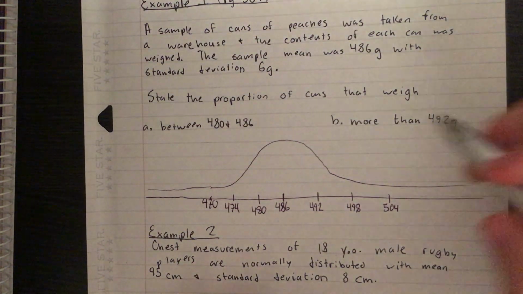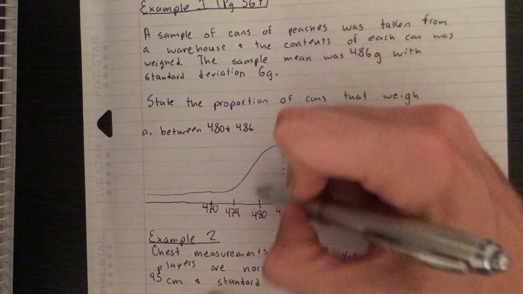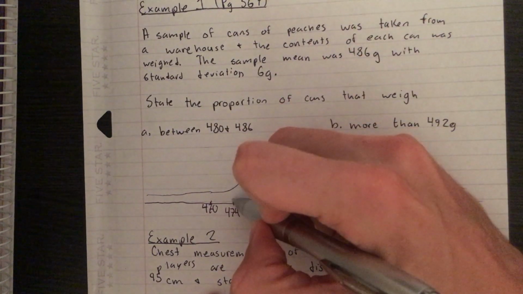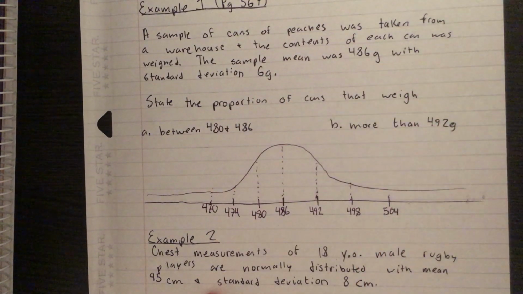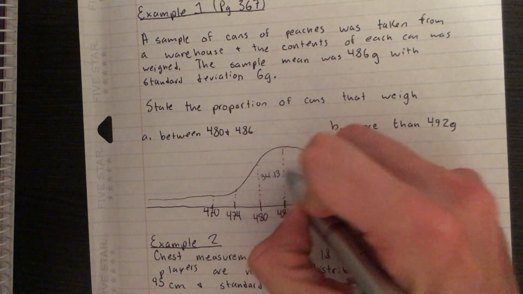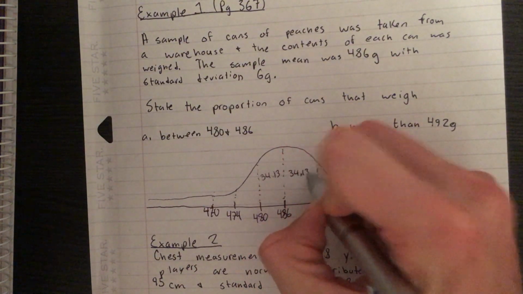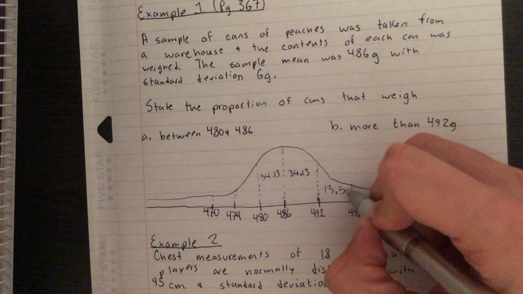We really only need to go out 3 in each direction, because past that point, there's only 0.3% of observations. So I'm just going to draw these dotted lines real quick and write in those percentages. We know this one's 34.13, 34.13, 13.59.